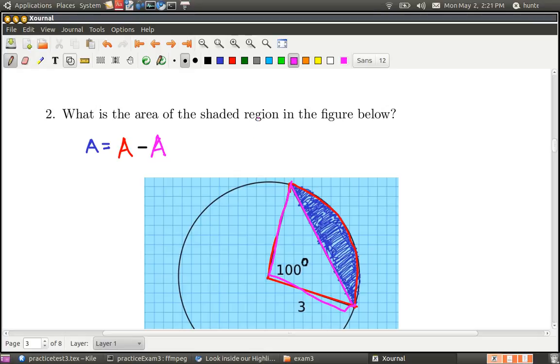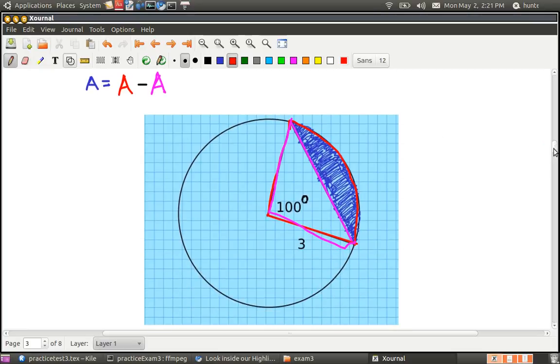So I think the circular sector is the easy one. Okay, so there's a formula for this, and I'll give you the formula in the exam, but to be honest with you, I haven't memorized the formula because I always figure things out like this. Okay, so look, this circle has radius 3. Alright, so the total area of the circle is pi r squared.